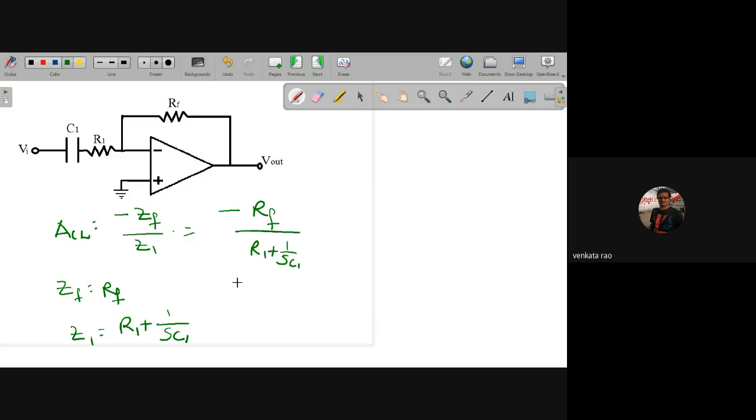Now I am taking R1 common in this denominator. Now it is minus RF by R1 by 1 plus 1 by SC1R1. Now let me take omega B as 1 by R1 C1, and S equal to J omega.